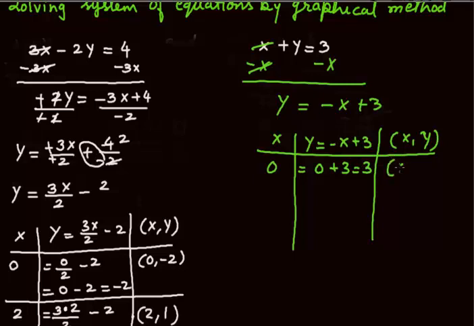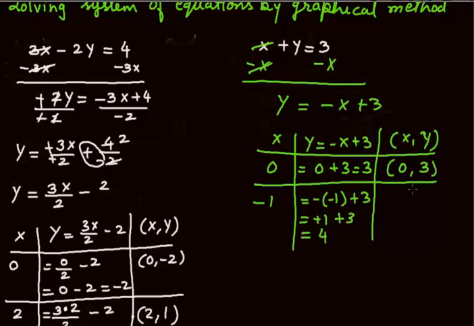So the coordinates will be 0, 3. Suppose I am taking x equal to negative 1. So negative times negative 1 plus 3. So negative times negative is positive 1 plus 3, that is equal to 4. So the coordinates will be negative 1, 4.